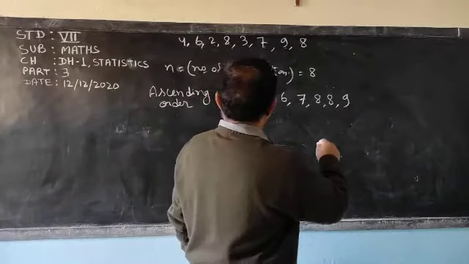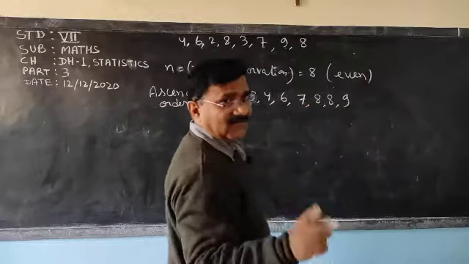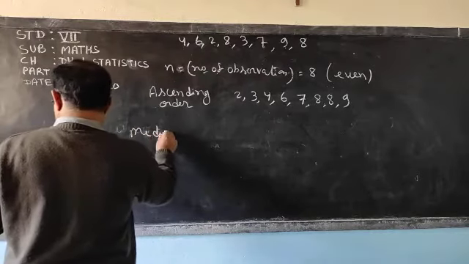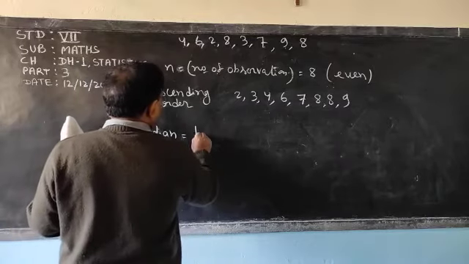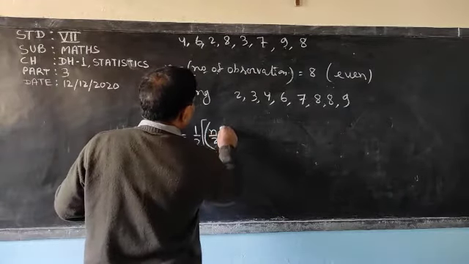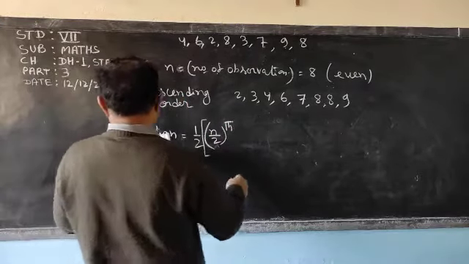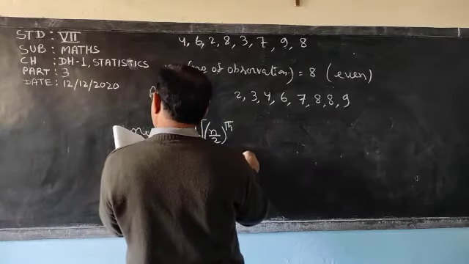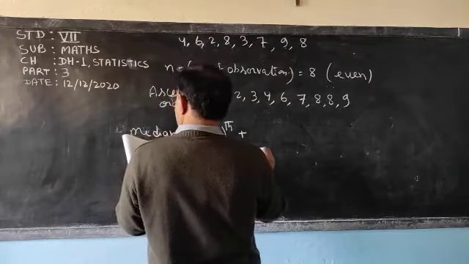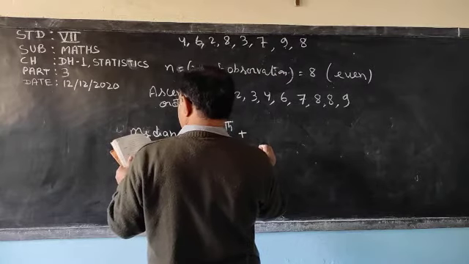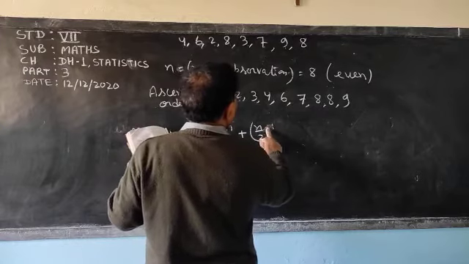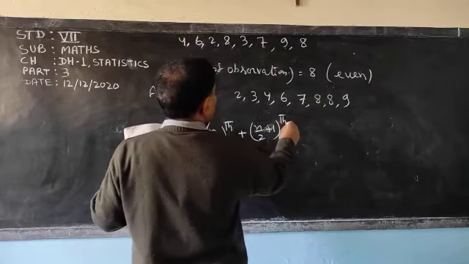Okay, so here n is 8, which is even, and for even number we will use the formula median is equal to 1 by 2 into n by 2th plus n by 2 plus 1 observation.